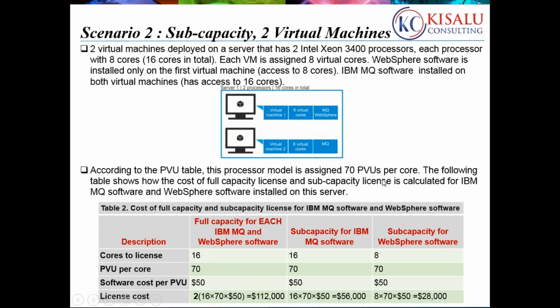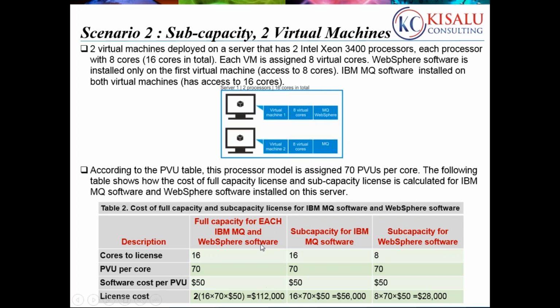So you go to the PVU table and pick up the correct value for that virtualized machine, and here it's 70 per core. We will then use that information to compute the pricing of the software that we are installing on these two virtualized machines.